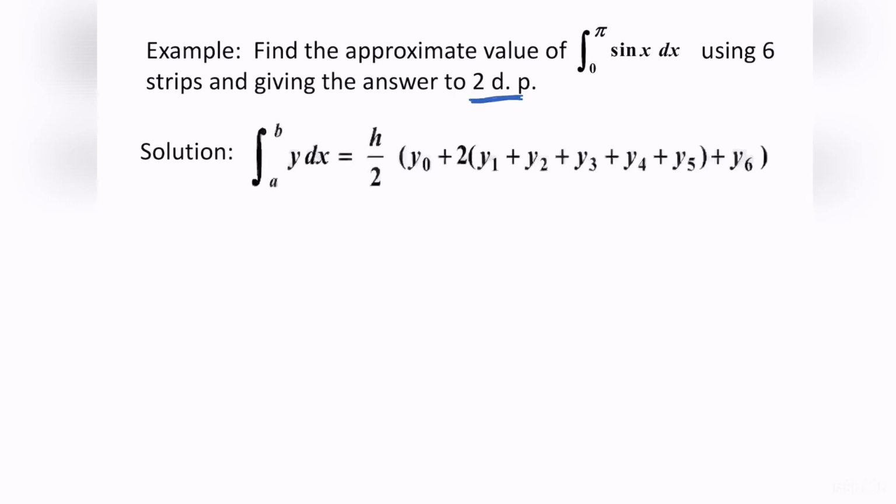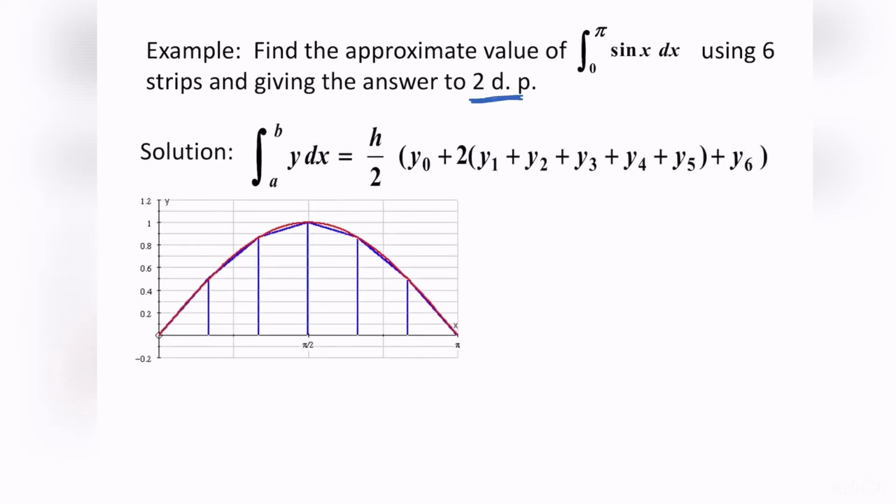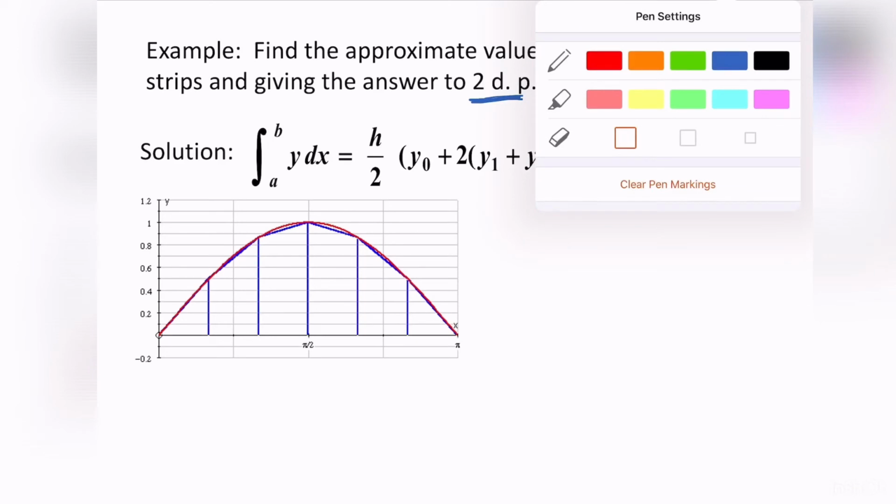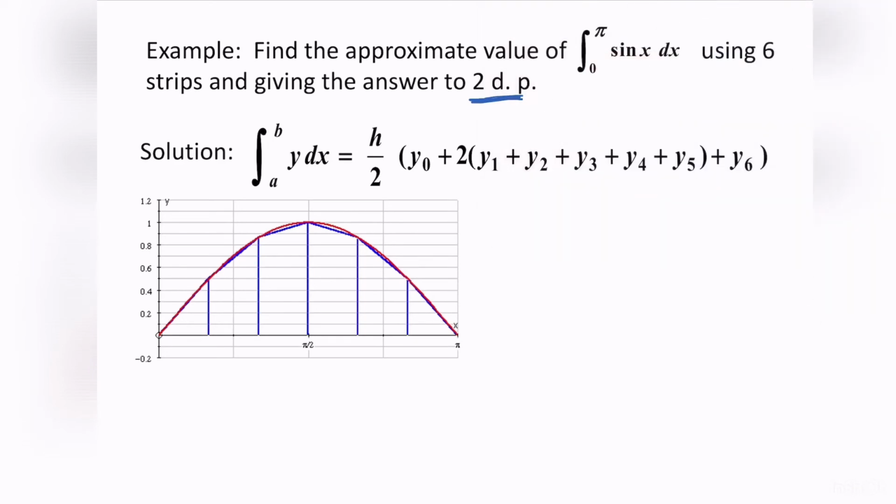Okay, so the solution here, this is the formula of the trapezium rule, and this is the shape, and I'm going to show you the strips. So the 6 strips, so that's 1, 2, 3, 4, 5, and 6.